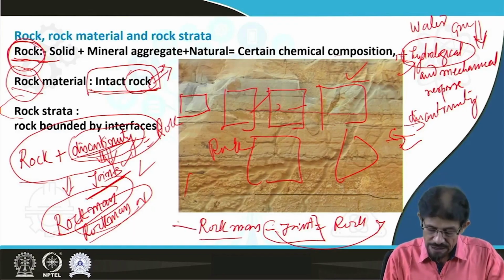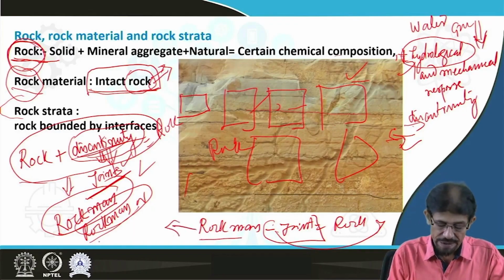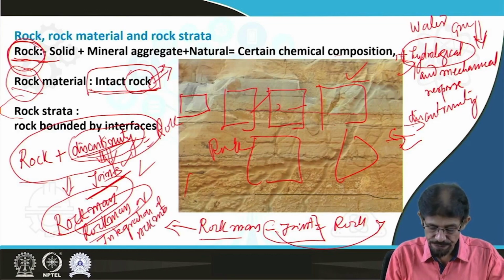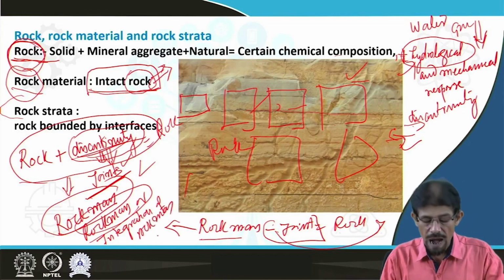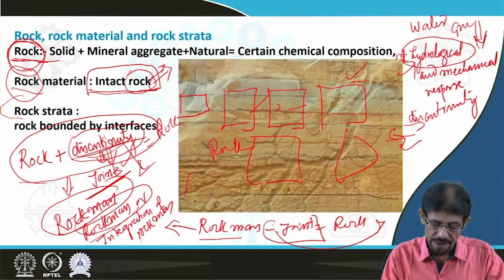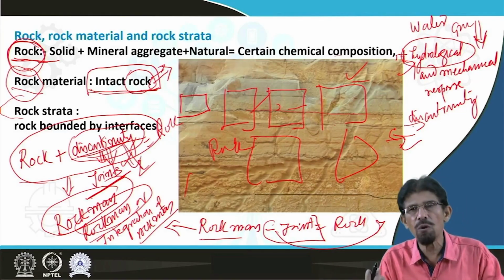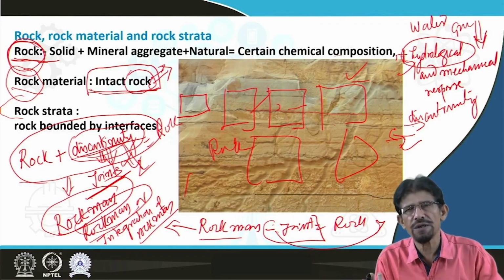And the rock stratum is nothing but an integration of rock mass. A rock stratum is nothing but an integration of rock mass, and rock strata is more than one stratum.